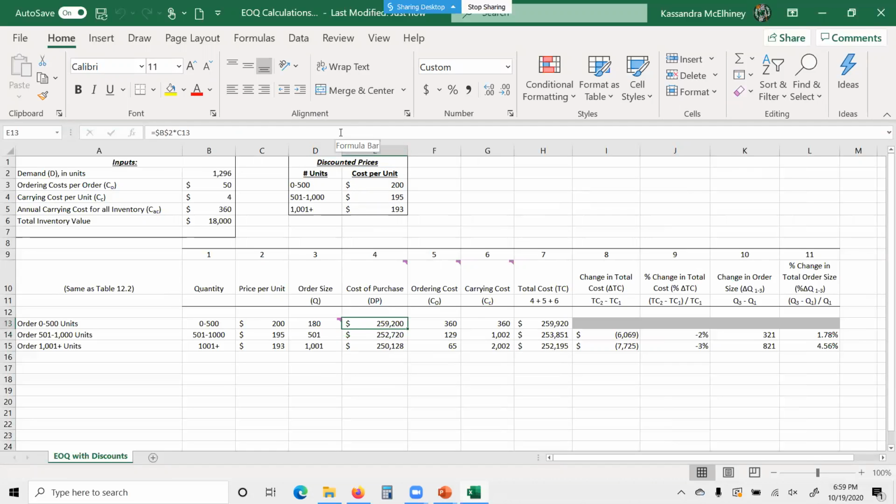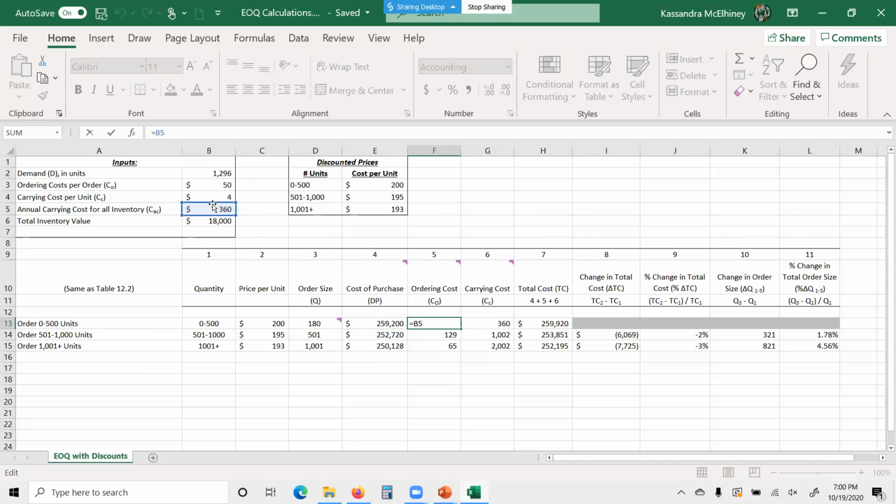That ordering size of 180 gives us a cost of just the unit cost of purchase of our demand, our total demand per year, times the price per unit. That's how we get our total cost of purchase, our total ordering cost. This problem was actually given to us.